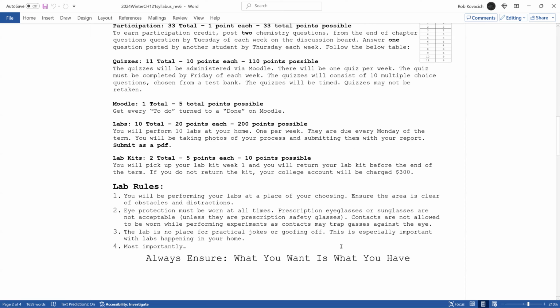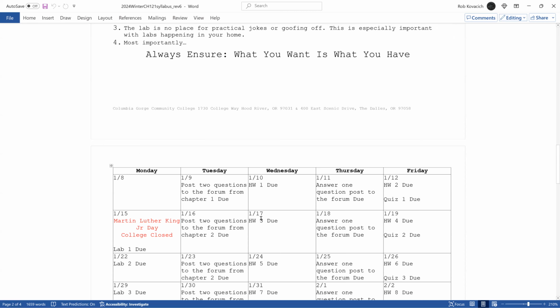No practical jokes and whatnot. And the most important thing is to make sure that what you want is what you have. There are many white powders associated with chemistry, and they have completely different properties. So if you're putting one white powder in and you meant to put a different white powder in, you could get a completely different reaction, one that could be kind of dangerous depending on your situation. So make sure you've got what you want.